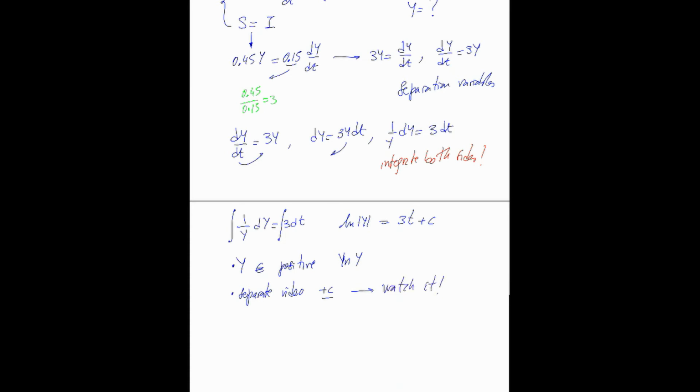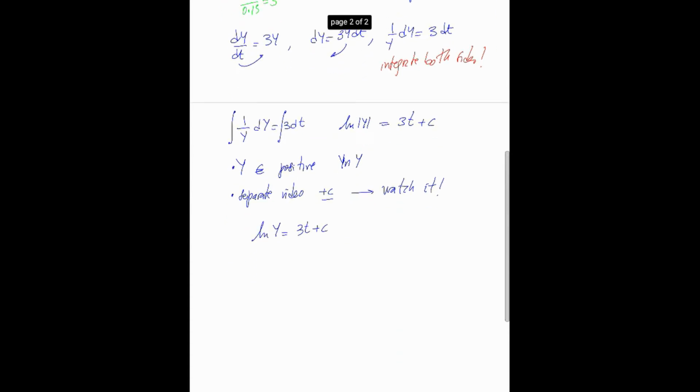Okay, so we're back to log of y equals 3t plus c, and we want an expression for y, so we exponentiate both sides. And what do we have?